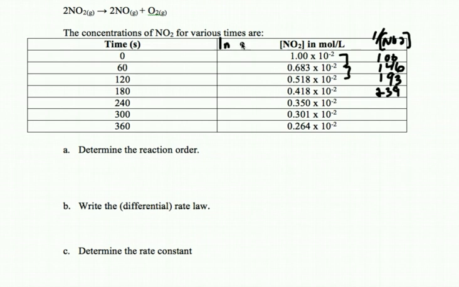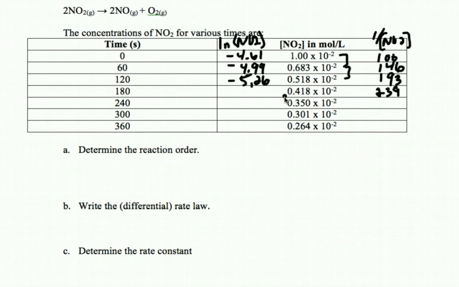And I can take the ln of NO2. So ln of that is negative 4.61. Ln of this is negative 4.99. Ln of this is negative 5.26. So let's go to my calculator, click the natural log button, and plug in that value.